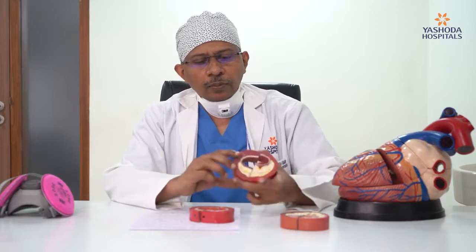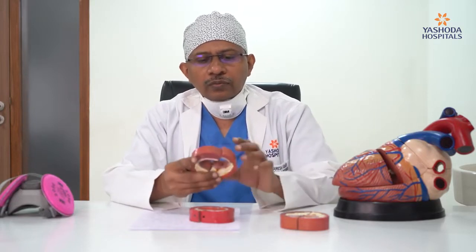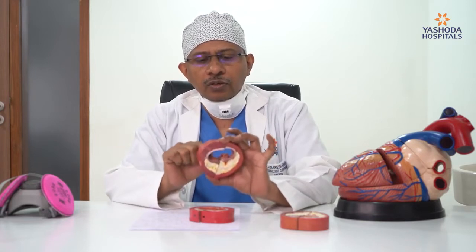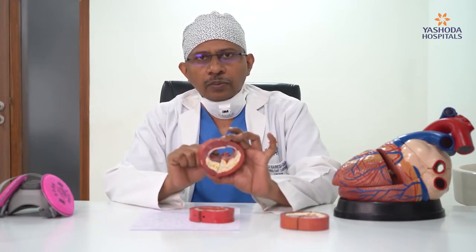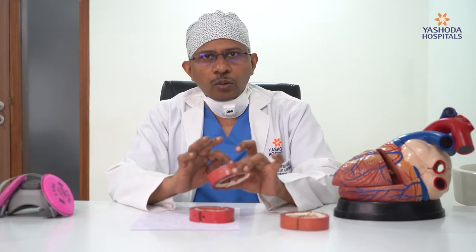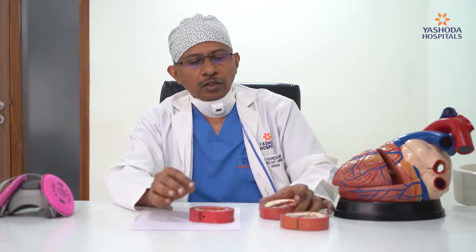Due to the COVID infection, there is a possibility that there could be a rupture here in the surface of the cholesterol plaque. Once it ruptures, you can see there is a clot formation, and when this clot is formed, they can land up with symptoms of heart attack.